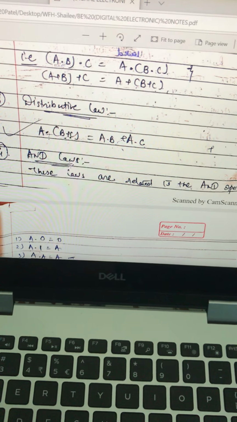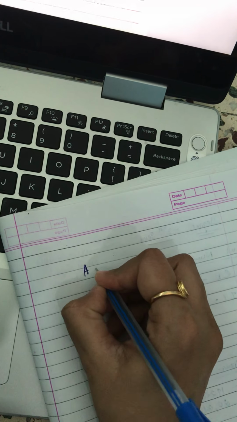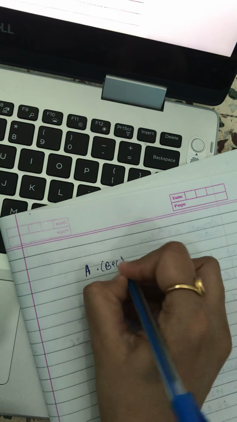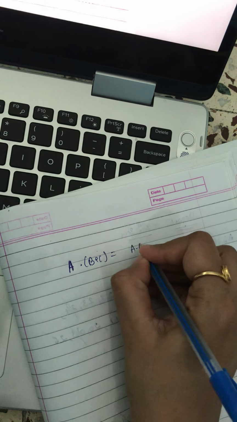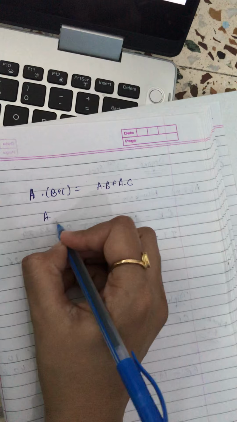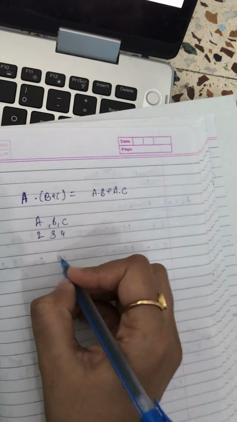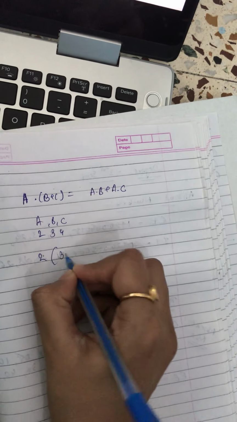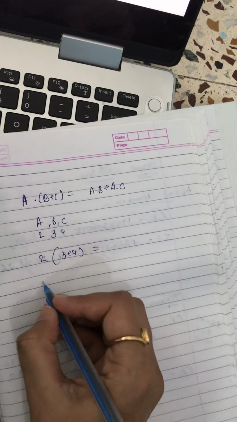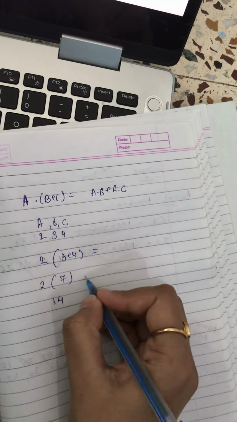Let me show you an example. A dot (B plus C) is equal to A dot B plus A dot C. Let's take values of A, B and C as 2, 3 and 4. So 2 in a bracket, 3 plus 4, that is 2 times 7, and your answer is 14.